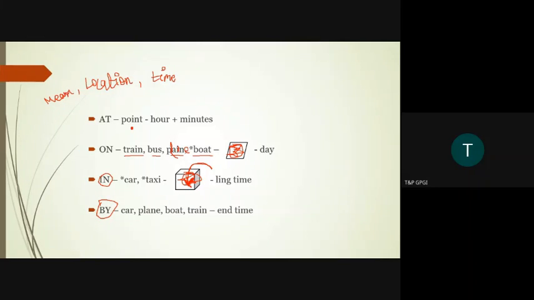So how do we use prepositions for time? Now I'm going to deal with real time. We will start with at, then we'll move on to on, in and by. At, remember I said, is very specific, that's why I like it.